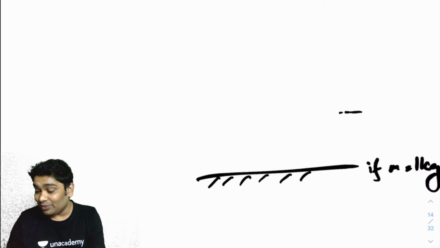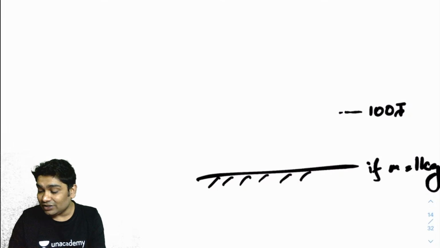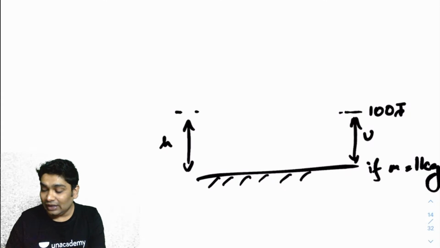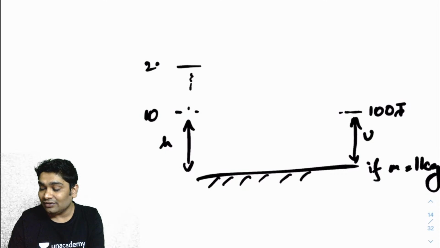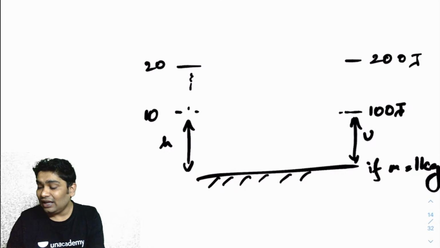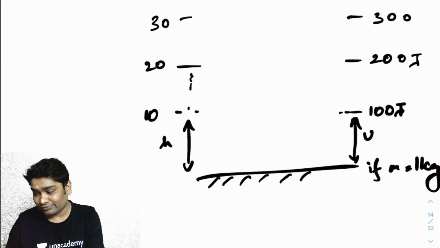The potential energy would be mgh, so it will be 100 joule at h equals 10. So here you have height, here you have U, and I can say that at 20 it would be 200, and at 30 it would be 300, and so on.